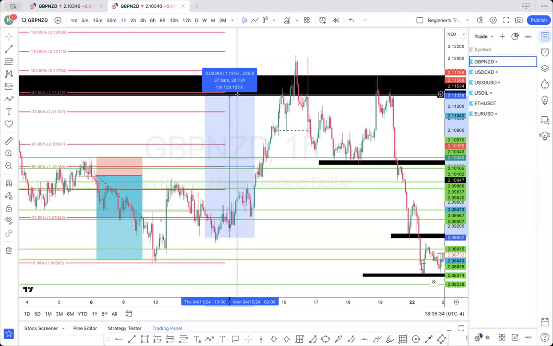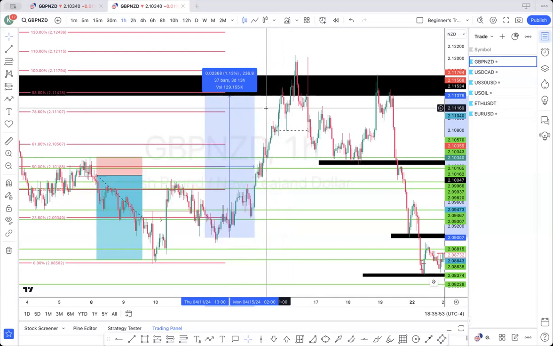Okay, so once you got your money, take your money, put it in your pocket. And then close the trade and wait to see what price is going to do.